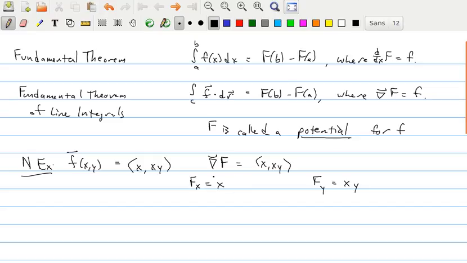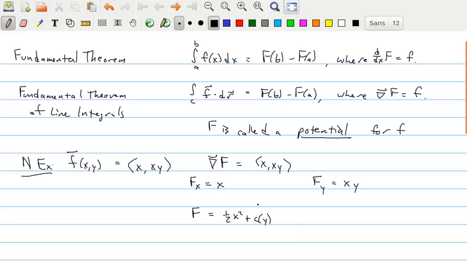If you look at the first one and integrate with respect to x, this says that f has to be x squared over 2 plus a constant. Now that constant is only constant as far as x is concerned. We only integrated with respect to x, so it could depend on y, the other variable.